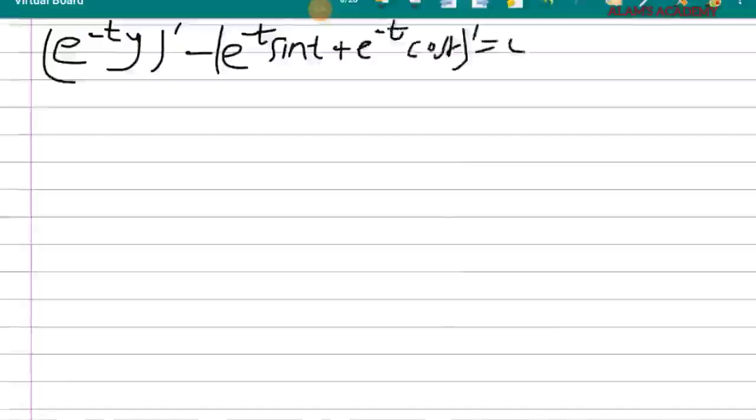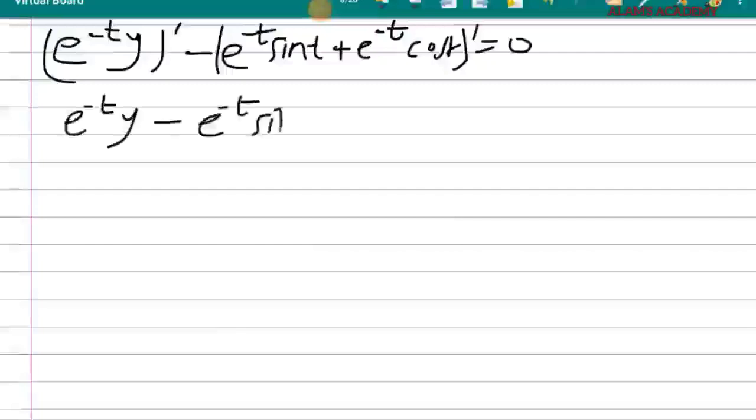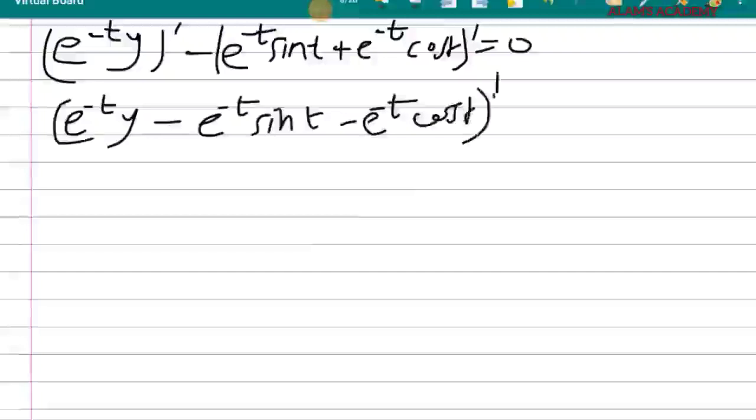This is equal to 0. This can be written as, factorizing the whole thing, (e^t y minus e^t sine t minus e^t cos t)' is equal to 0. You will see that it is a total derivative.